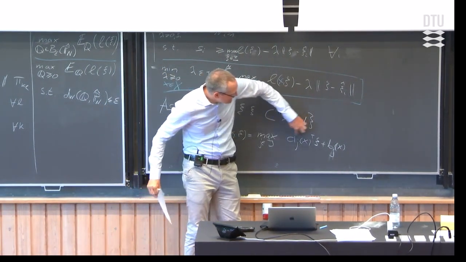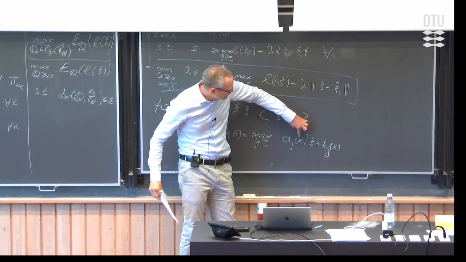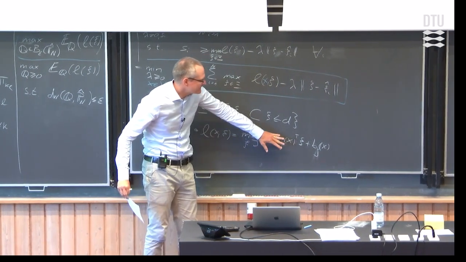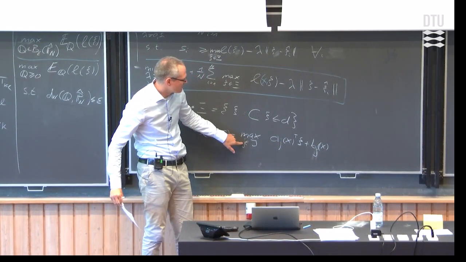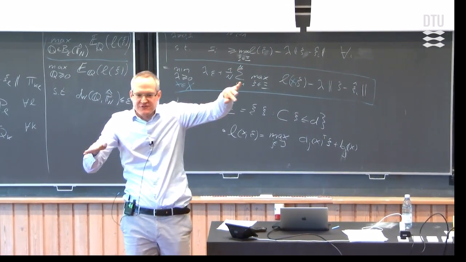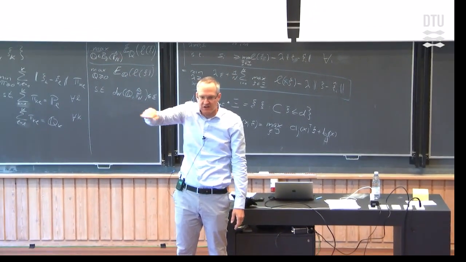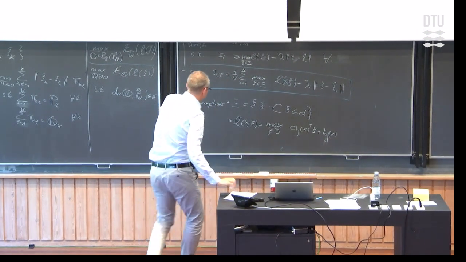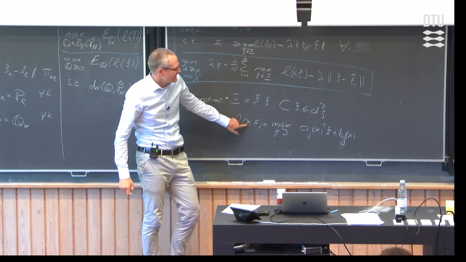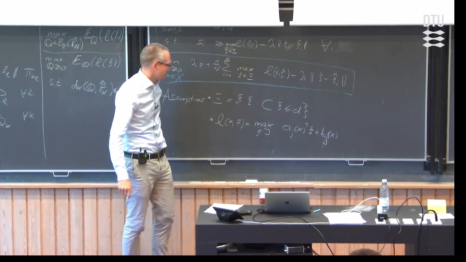For any fixed j, this thing here is a linear or an affine function in psi, but the coefficients depend on x. And now I take the maximum of these affine functions for all j. So if I have different linear functions, I take the maximum of those, I get a piecewise linear convex function. Right? This function L, for a fixed x, is piecewise linear and convex in psi. Okay. That's basically the assumption.